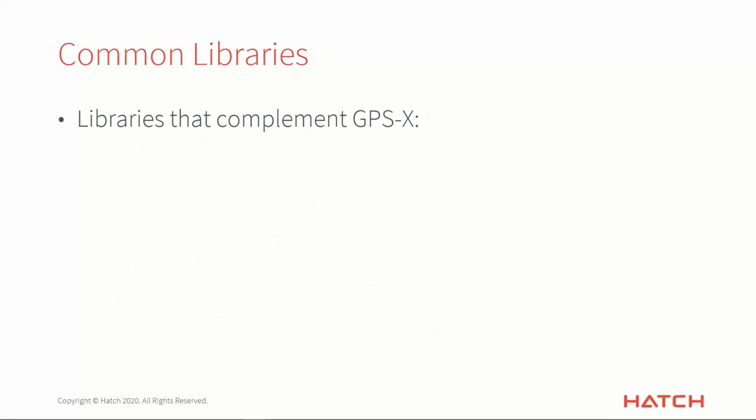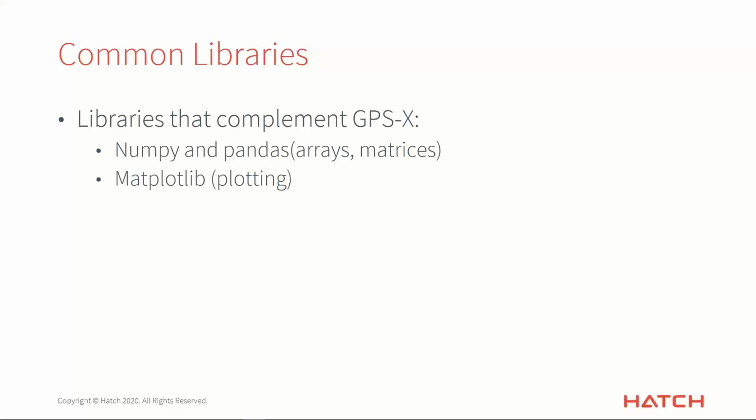Lastly, we're just going to focus on a couple of libraries that complement GPSX functionality that we think are particularly useful for GPSX applications. So as we saw, NumPy and Pandas are great for arrays and matrices. Matplotlib is a fantastic plotting library that allows you to have very fine, detailed control over the plots you create and the types of plots that you want.